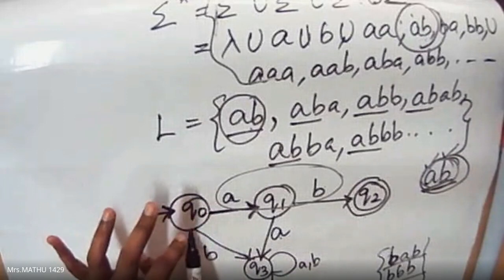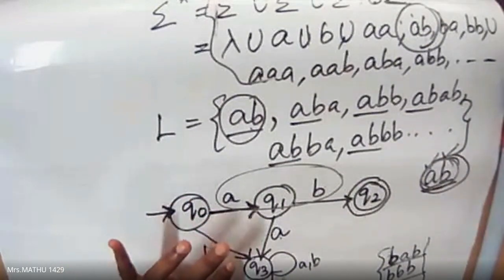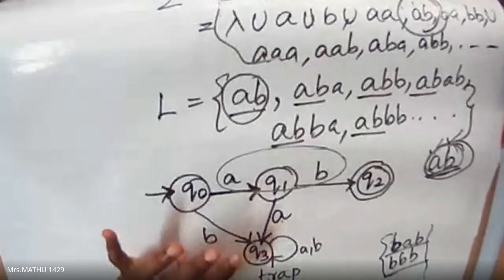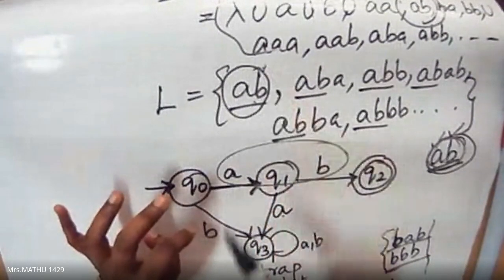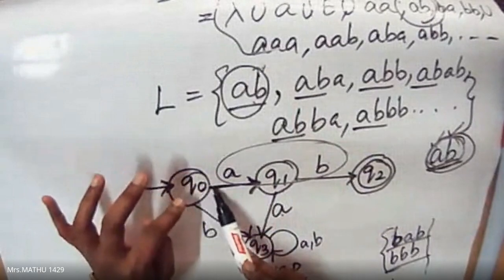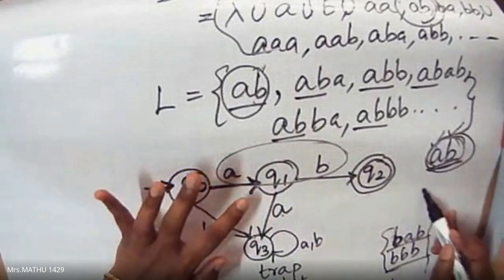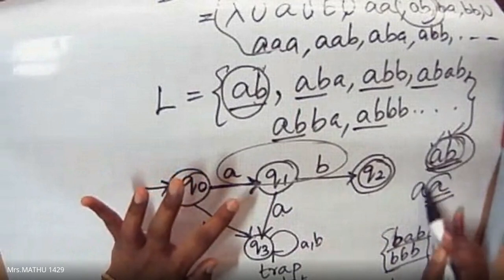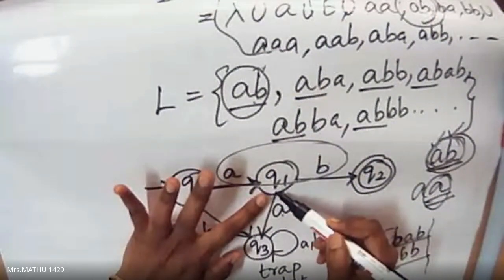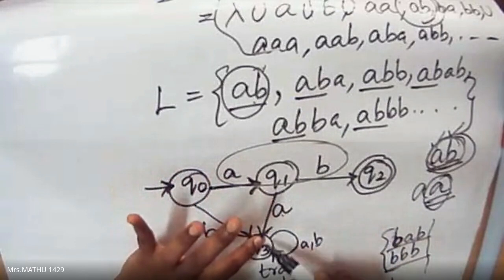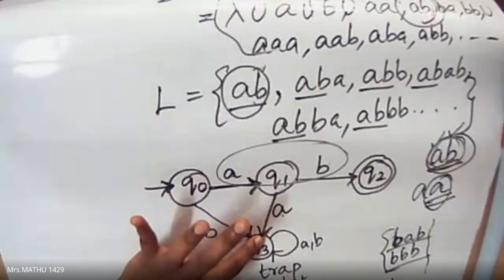But if it starts with B, then it will not reach the final state. It is not a string corresponding to this language. Similarly, after reading one A, if another A follows, that is also not correct. So when the second A is read, it goes again to the trap state.